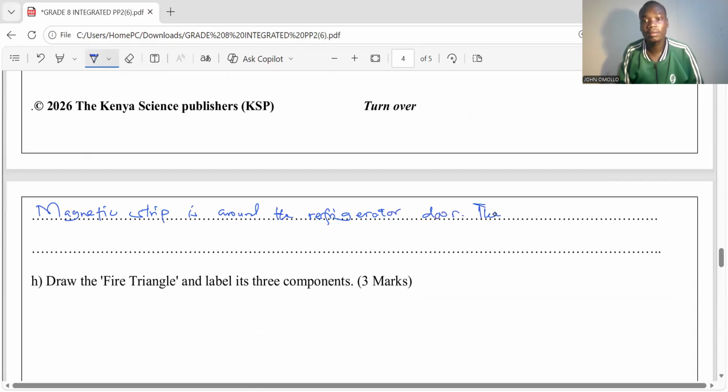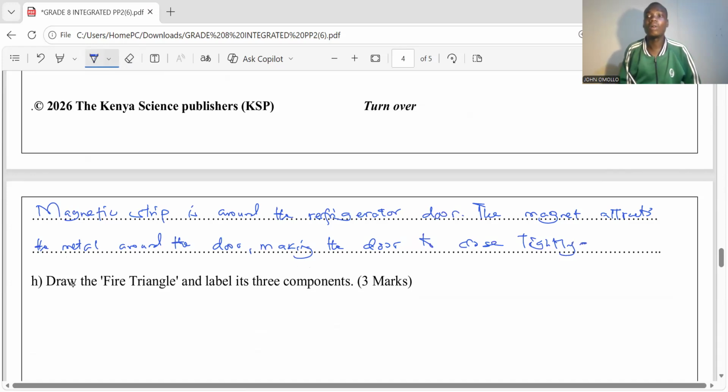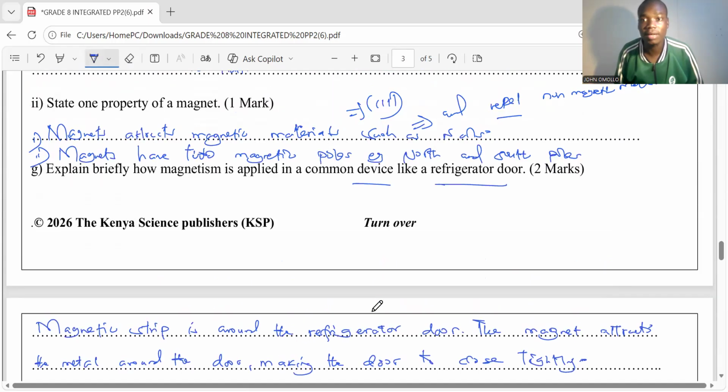The magnet attracts the metal around the door, making the door to close tightly. Making the door to close tightly. So that is how we can easily explain for us to earn the 2 marks.